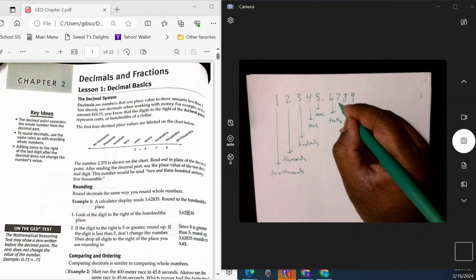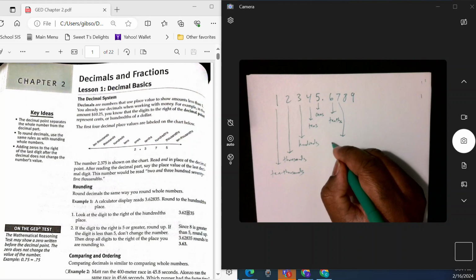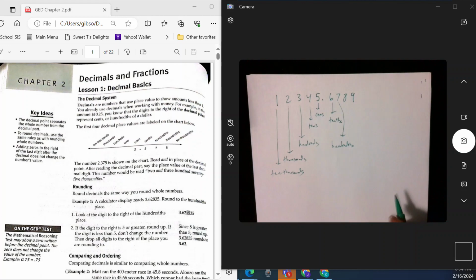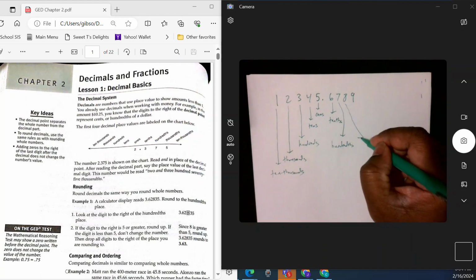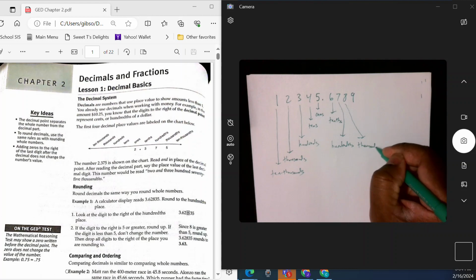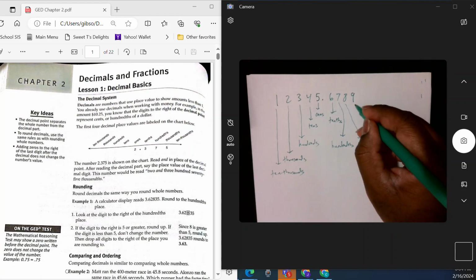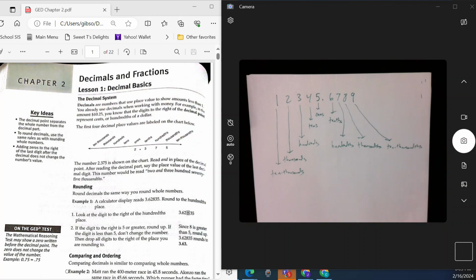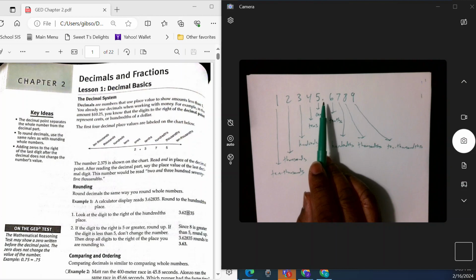The second value would be hundredths. The third value would be thousandths, and then this value here would be 10,000ths.